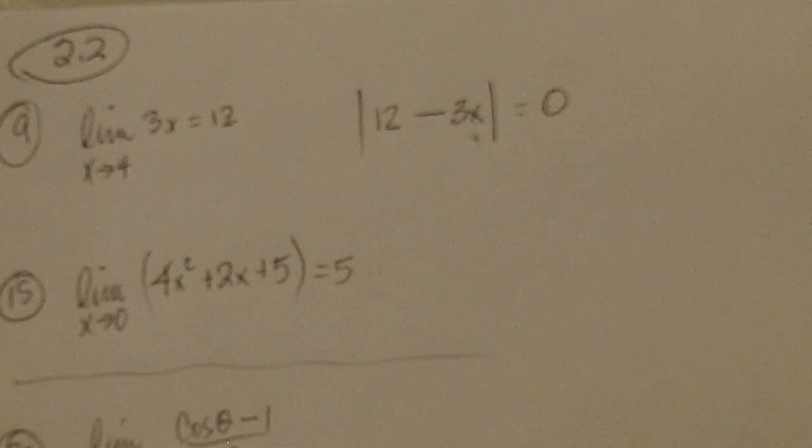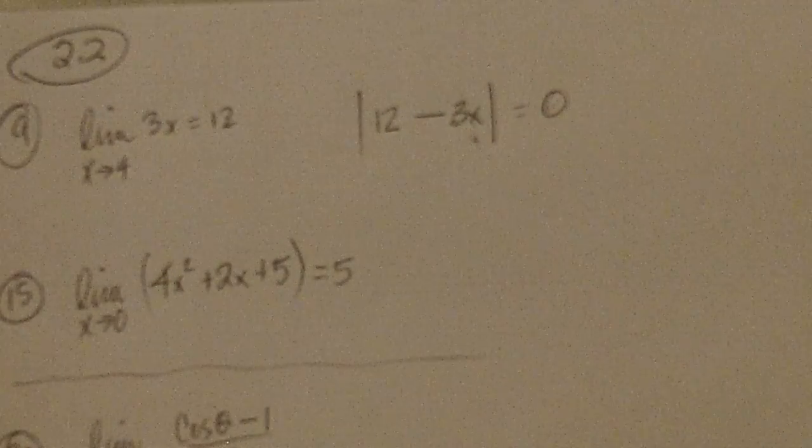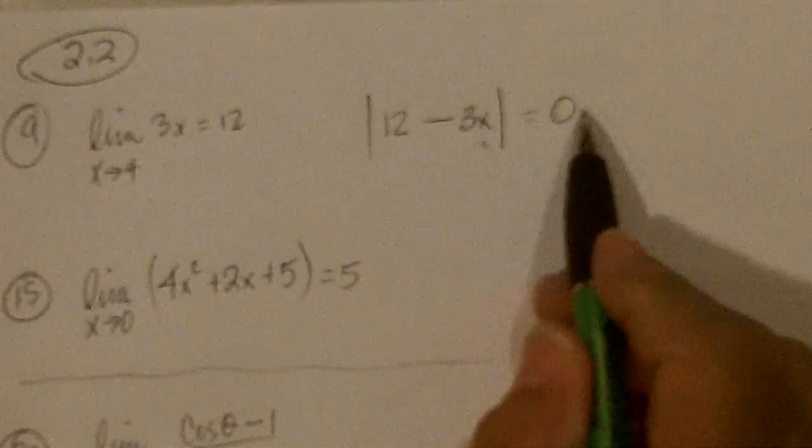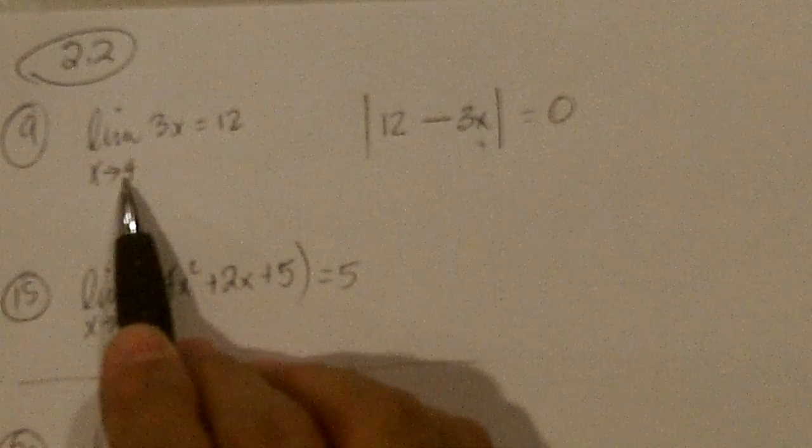The whole point of this is, what if I couldn't put 4 in there? What if this was undefined at 4? Is the difference getting closer to 0 as we get really close to 4?